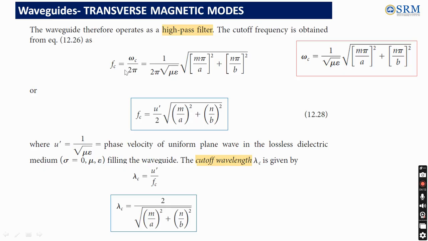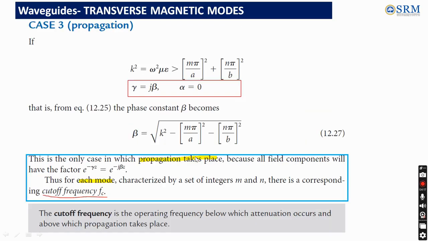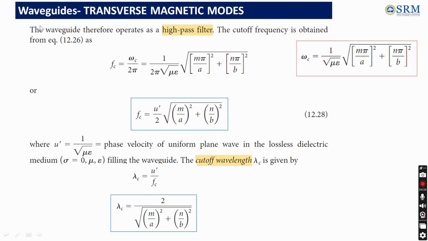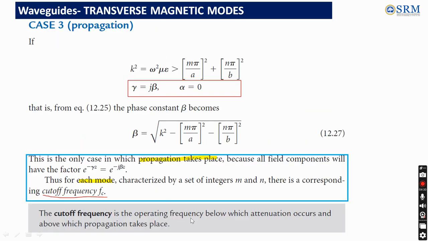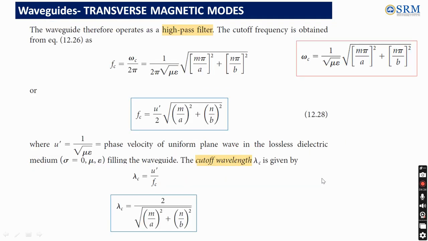So we can say the waveguide acts as a high pass filter. Below the cutoff there will be attenuation, above the cutoff there will be passing of the signals.